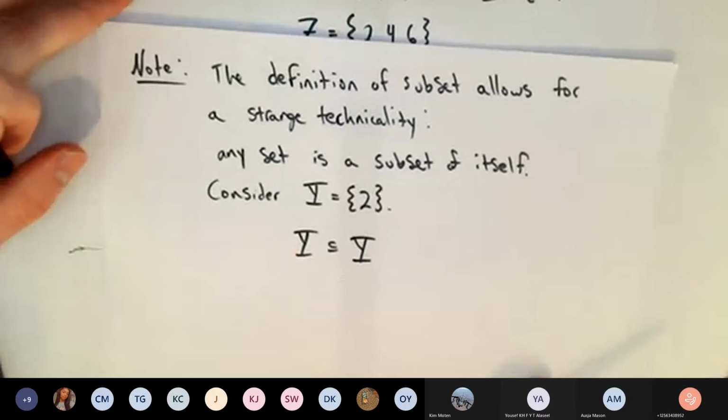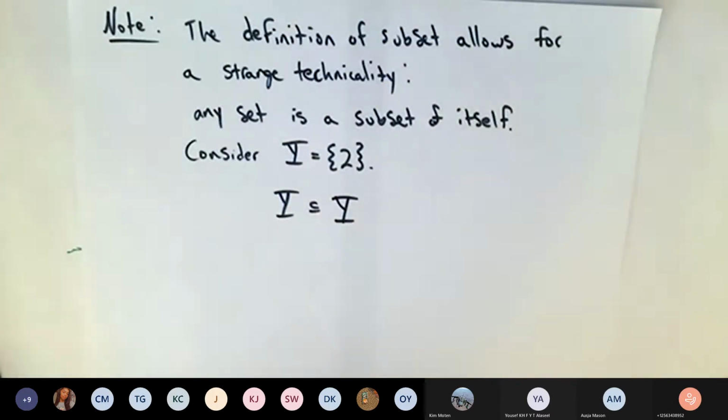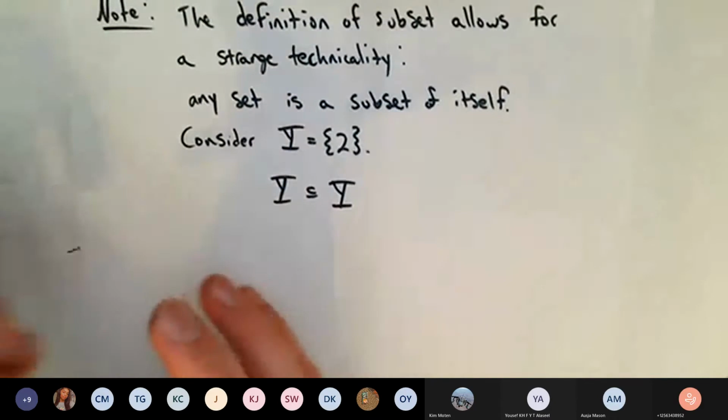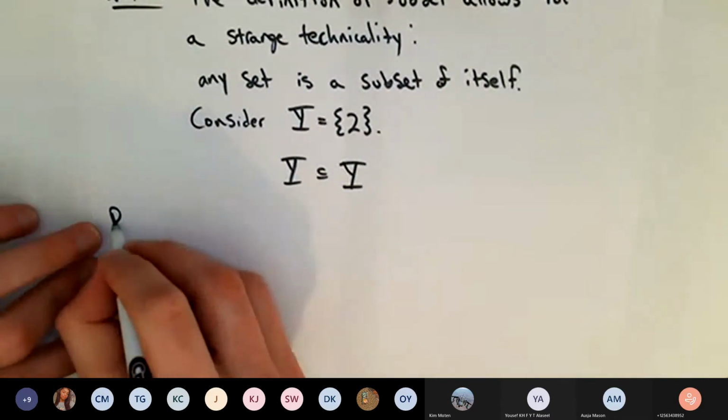So we want to get rid of that weird technicality by introducing a stricter definition called proper subset.